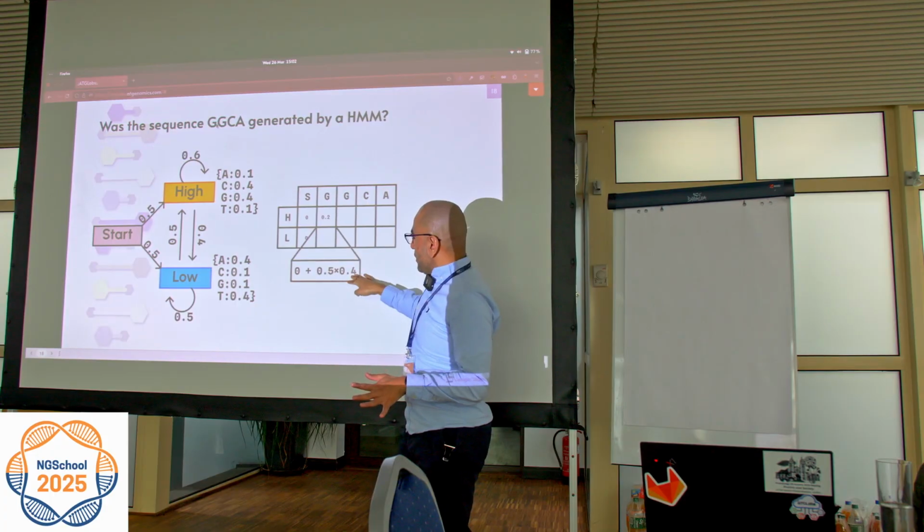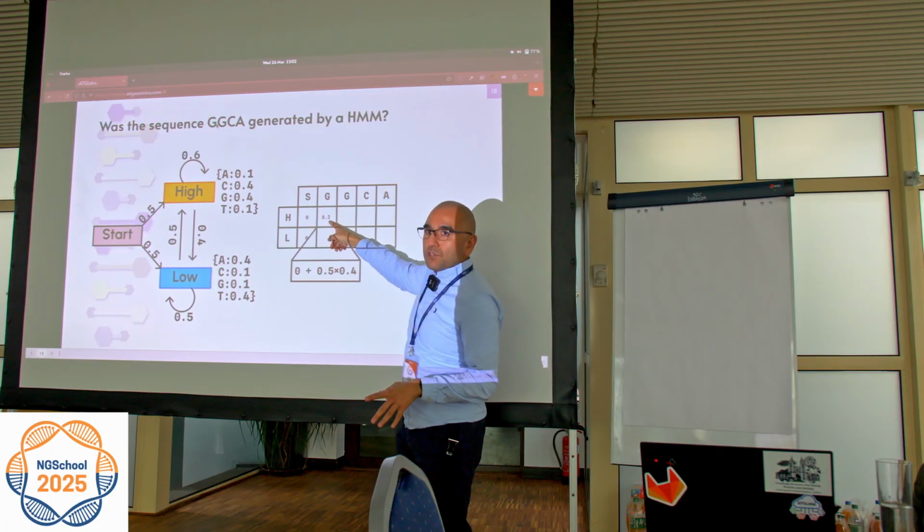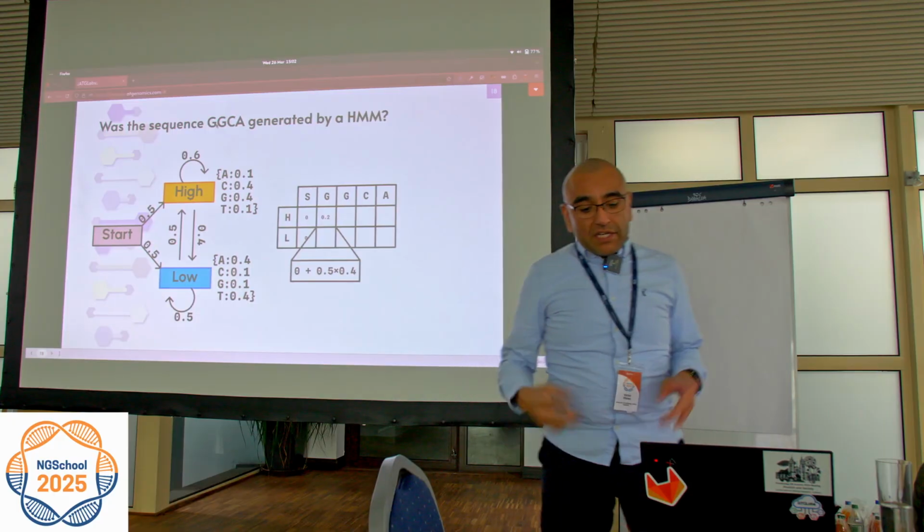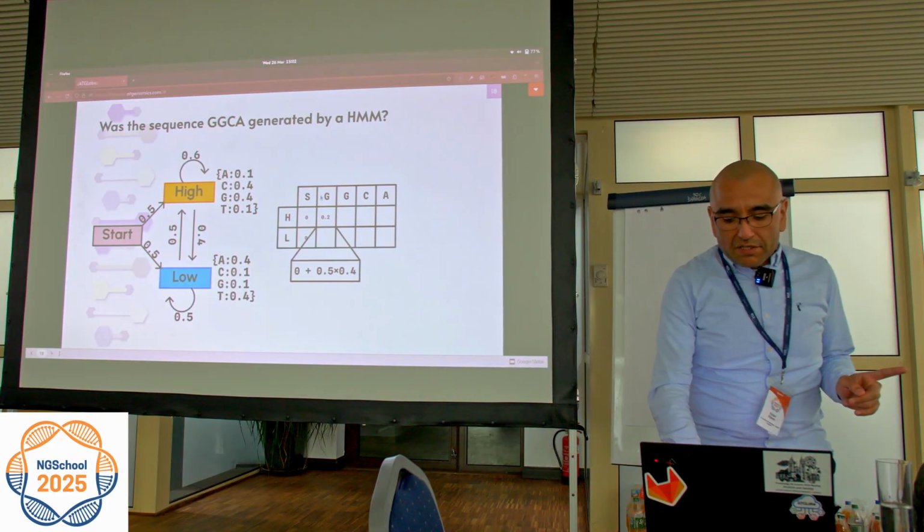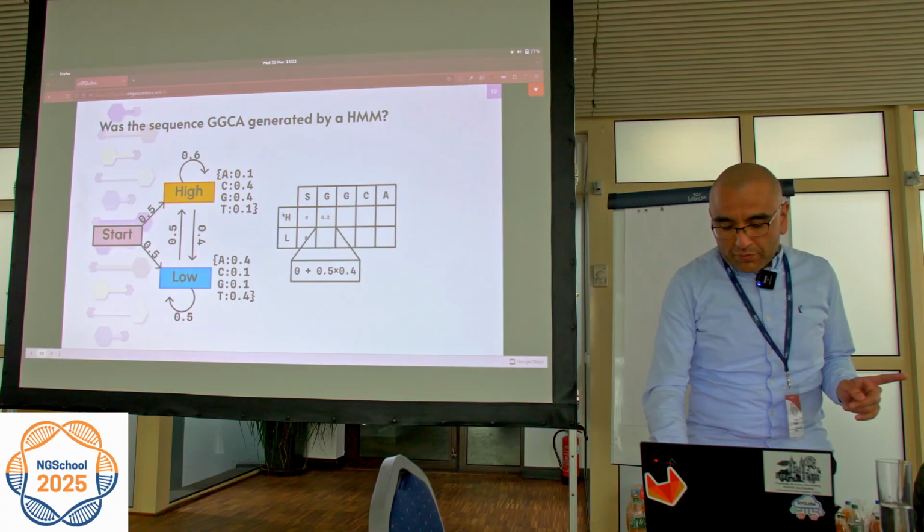When we add this product, we have 0.2, and that is the probability of G being emitted under H.